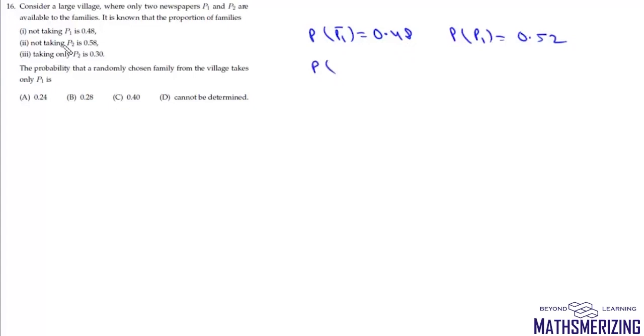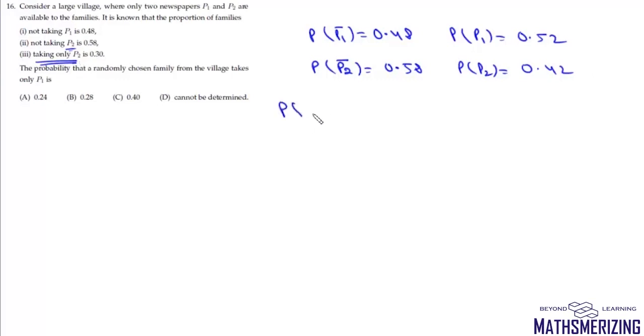In the same way, the proportion of families not taking P2, that is P2 complement, is 0.58. That means the probability that a family takes P2 is 1 minus 0.58, which is 0.42. Now the next one is the proportion of families taking only P2.